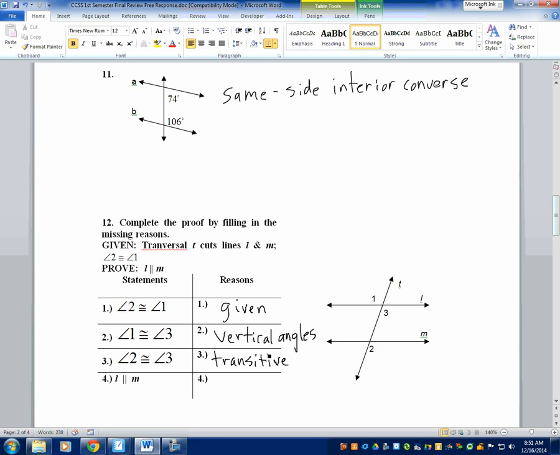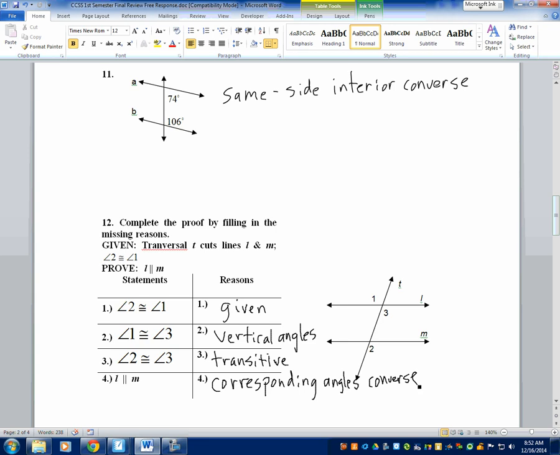Why is that? Corresponding angles, converse. They're both theorems, but the converse says if the corresponding angles are congruent, then the lines are parallel. And if you're confused about whether this is the corresponding angles theorem or the converse, you can just write it out.